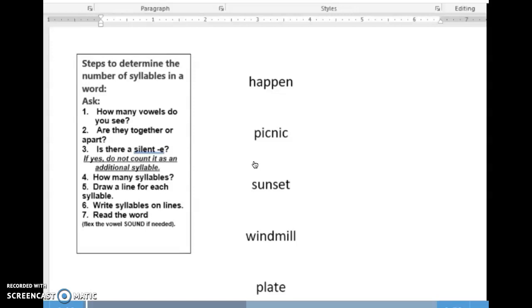Parents and teachers, we want to share with you how we go about breaking up multisyllabic words into their individual syllables. So one of the things that we do is we ask students, how many vowels do you see? And in this first word, you can see we have the letter A and the letter E that are both vowels.